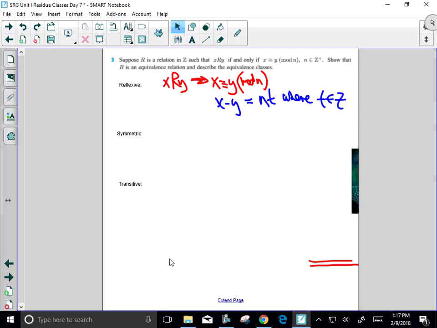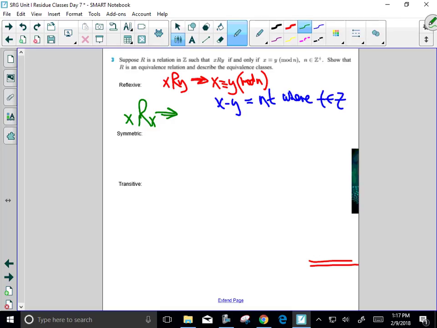All right, next. If you have reflexive, what kind of a relation is that? X related to what? X. So if you went X minus X, what's X minus X? 0. And what value for T would make this true? 0.